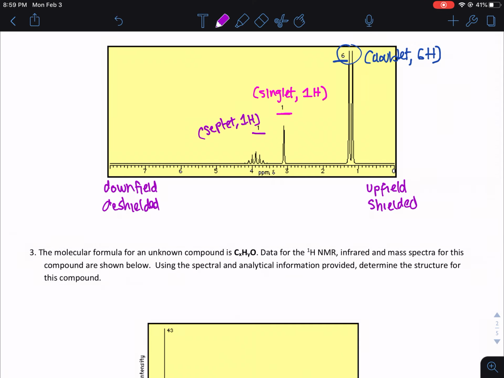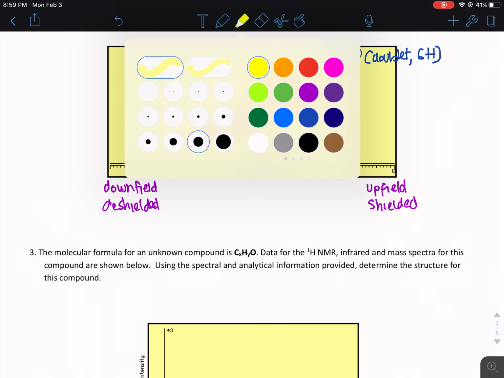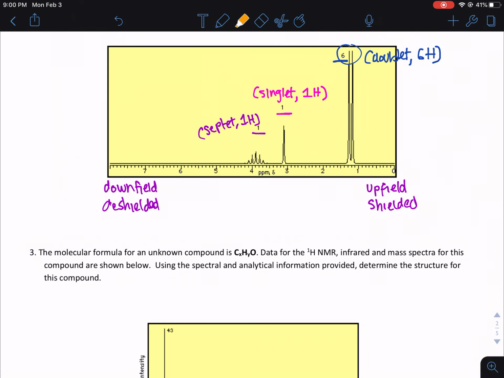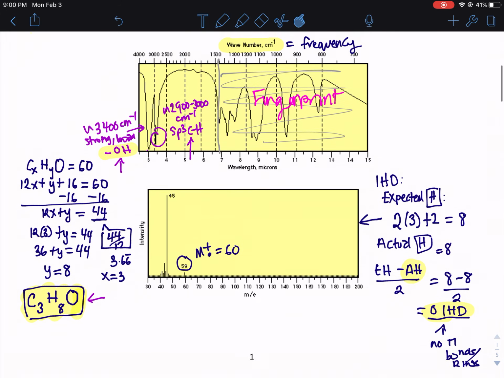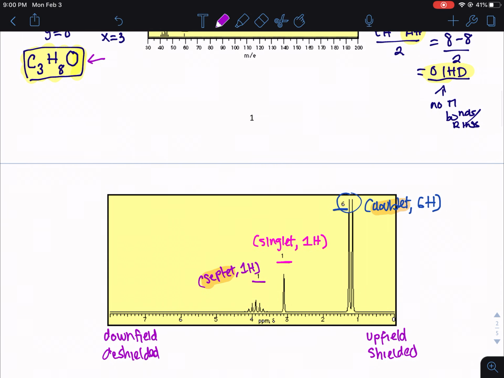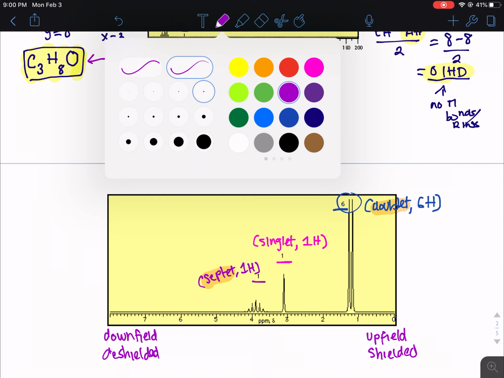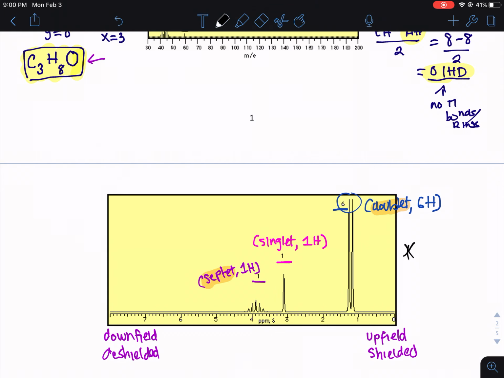One thing you should know is that there are patterns to NMR. One such pattern is that when you have a doublet and a septet, this is indicative of an isopropyl group. So I'm going to put off to the side here that we possibly have an isopropyl group.